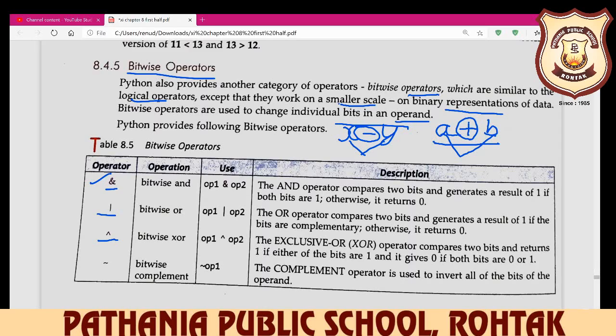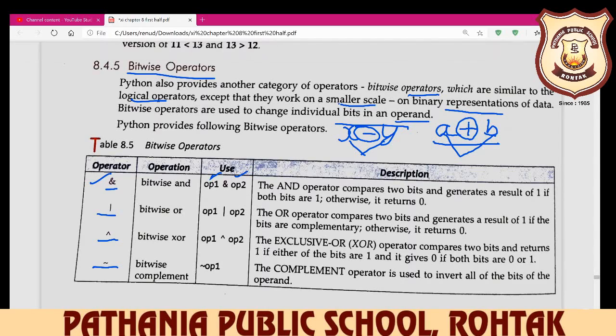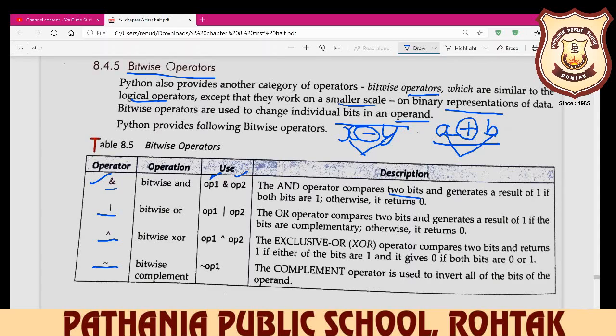And this is the complement, meaning negative, reverse, invert, the bitwise complement. If you have two operands, the AND operator compares two bits, meaning 0 and 1 bits, and generates a result of 1 if both bits are 1, otherwise it returns 0. And we learn in detail.